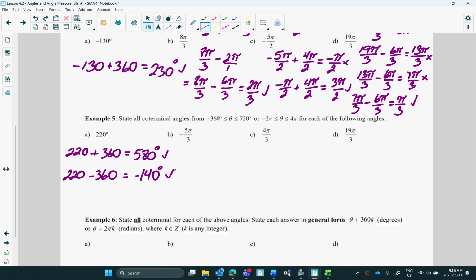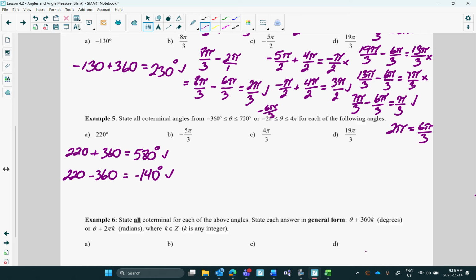These ones, fortunately, they're all over 3. Remember, 2 pi is the same as 6 pi over 3. Use this as a reference. So negative 2 pi would be negative 6 pi over 3. And 4 pi would be 2 of these, right?